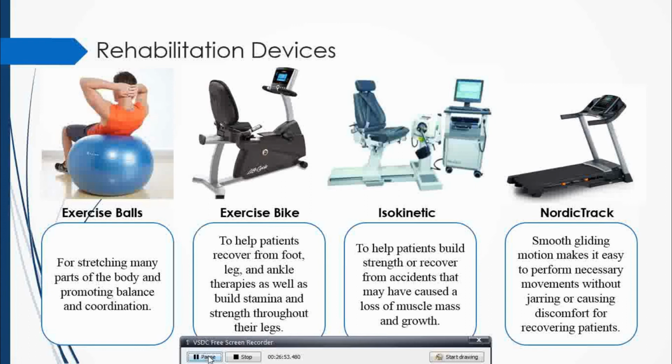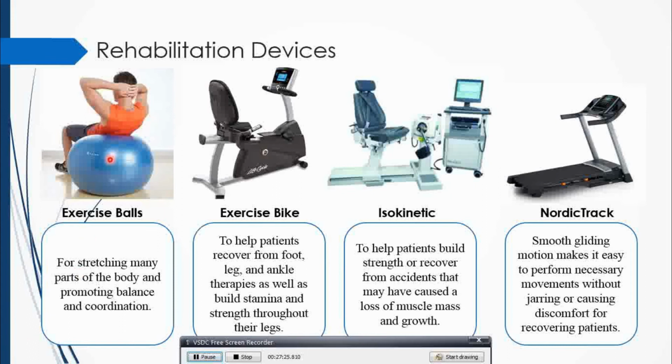Okay, these are a few types of rehabilitation devices that are being used nowadays. It is not what we call a non-common item. It is very common. The exercise ball is the simplest, for stretching many parts of the body and promoting balance and coordination. Even without an exercise ball you can exercise, but some people cannot sit on the floor, so they use an exercise ball from a suitable position.